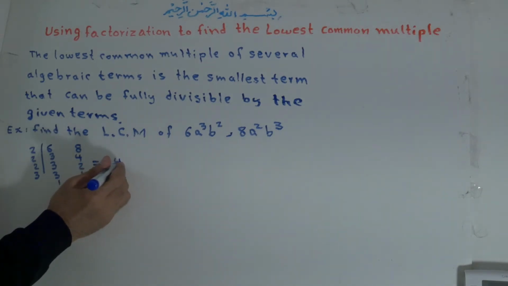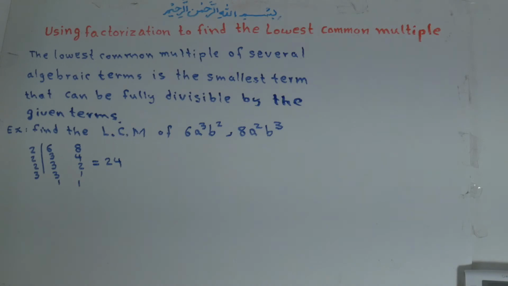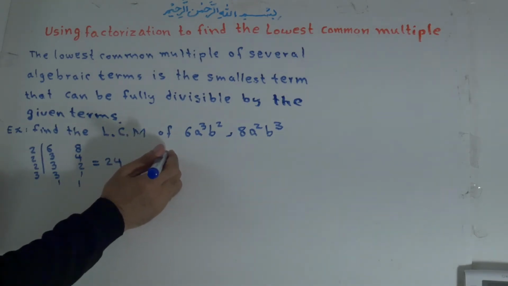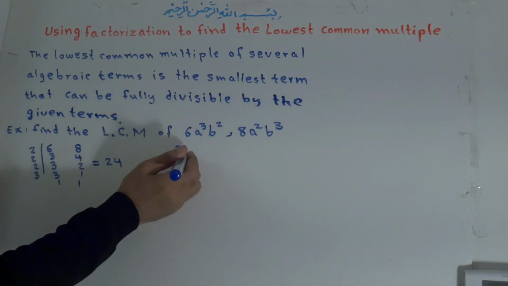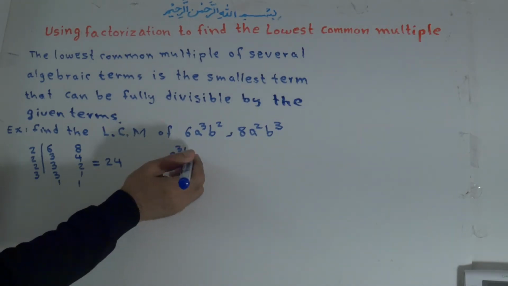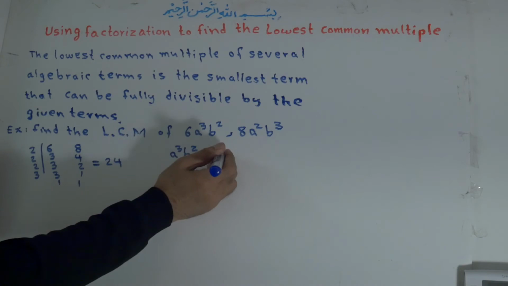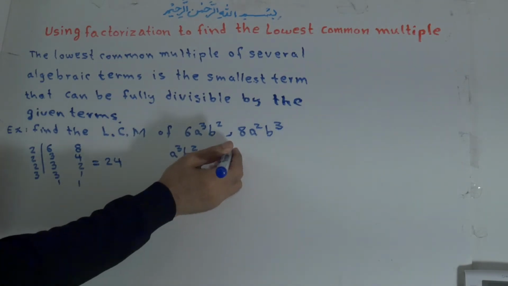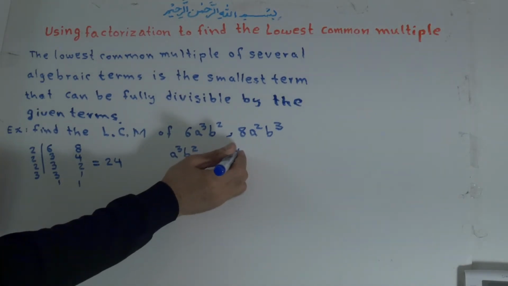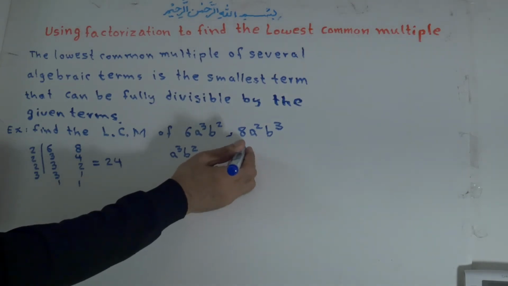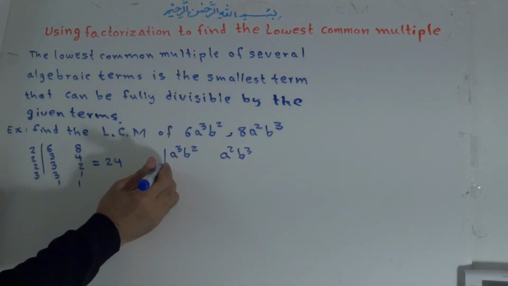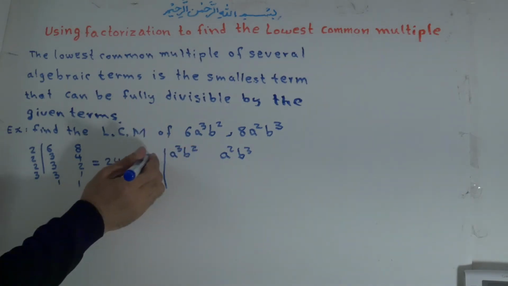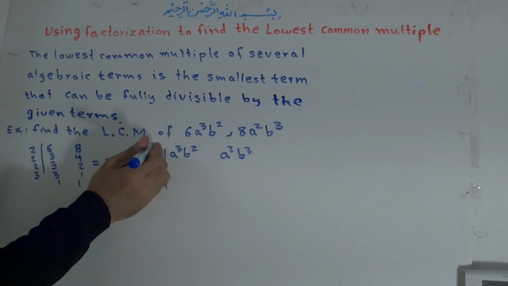Now for the literal part, we do the same, a to the power of 3, b to the power of 2, and a to the power of 2, b to the power of 3. We start with the smallest one, a to the power of 2.